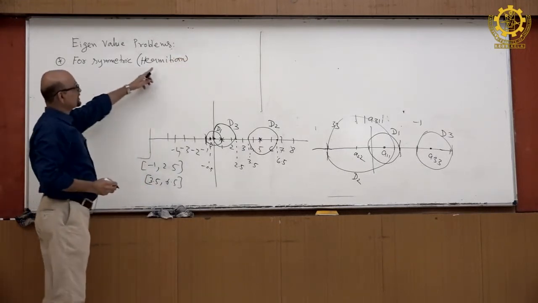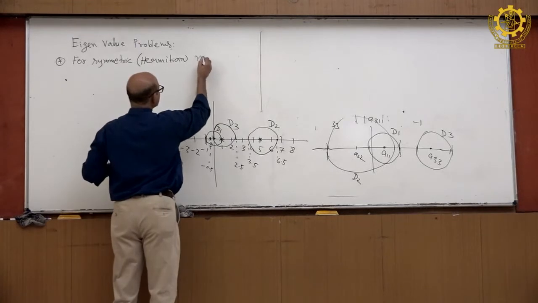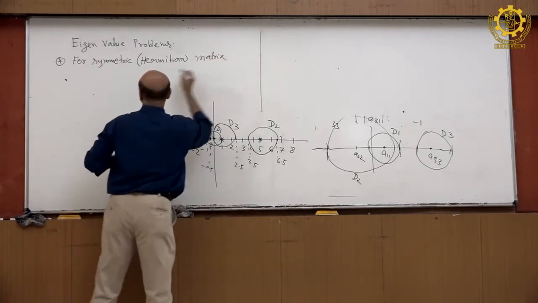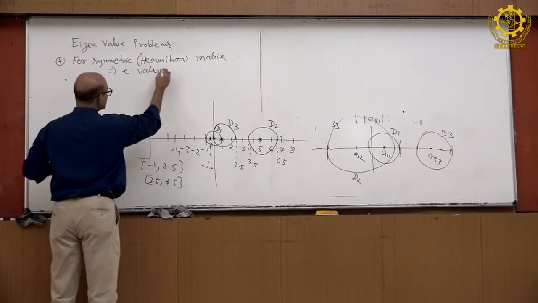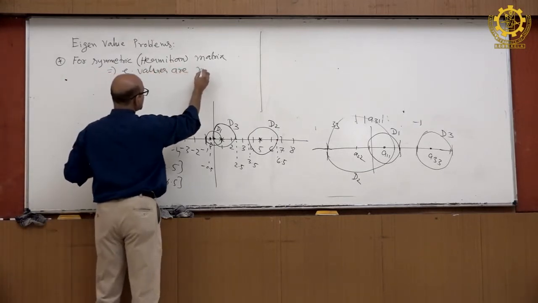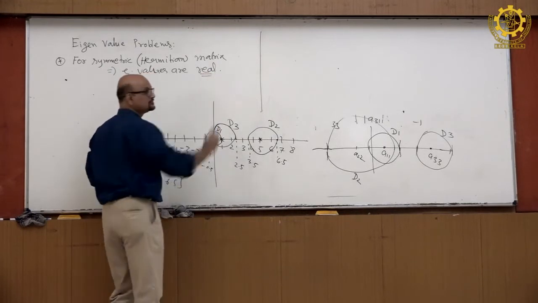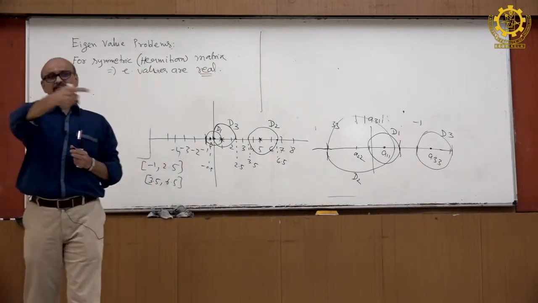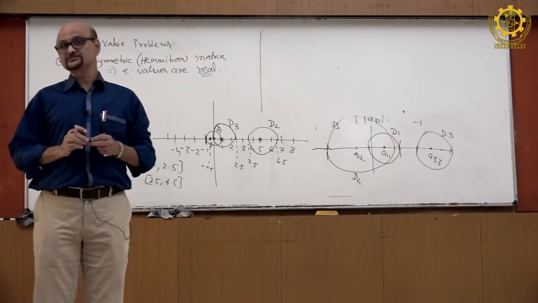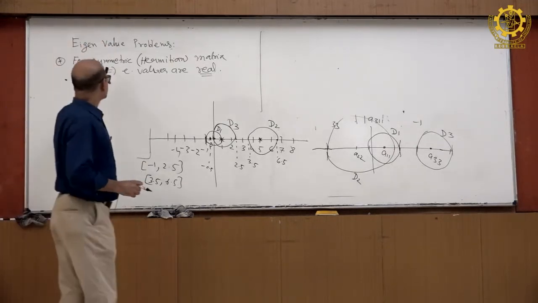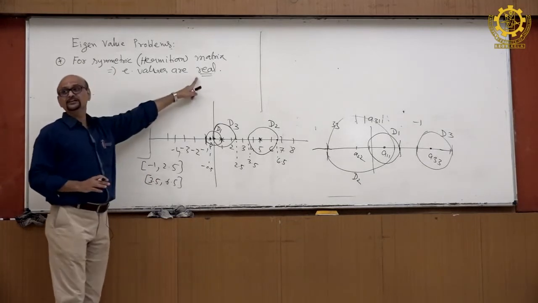That means, for symmetric or Hermitian matrix, eigenvalues are always real. So, whatever we had done for the application problem, it was a symmetric matrix. So, eigenvalues should be real.